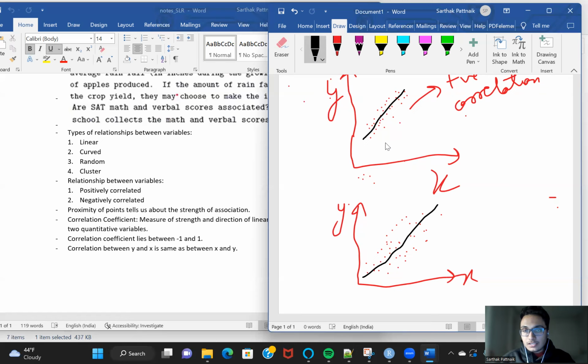But if you see both of these cases, in this case, the points are much more closely plotted. They're very close to each other in space, compared to here, where the points are much farther from one another. Therefore, both of them show positive correlation, but the strength of correlation is more here compared to here. It means that there is a high degree of change in y when x changes compared to here. This is the basic idea.